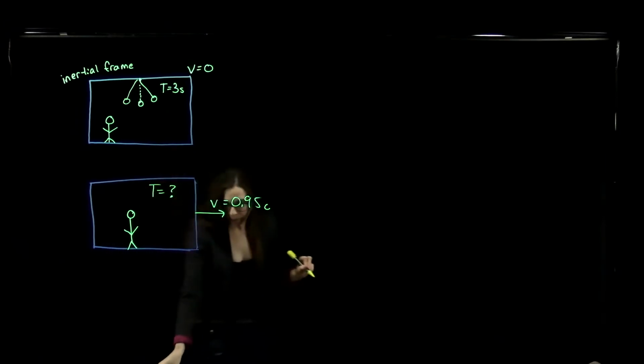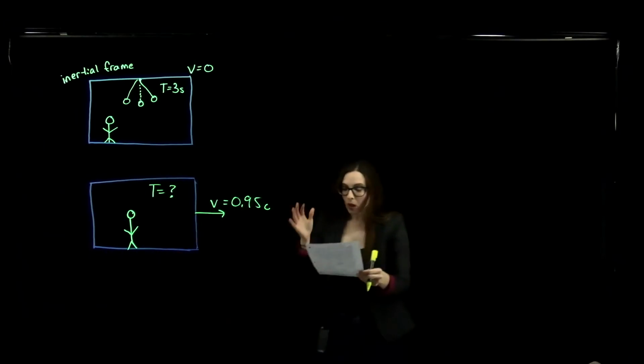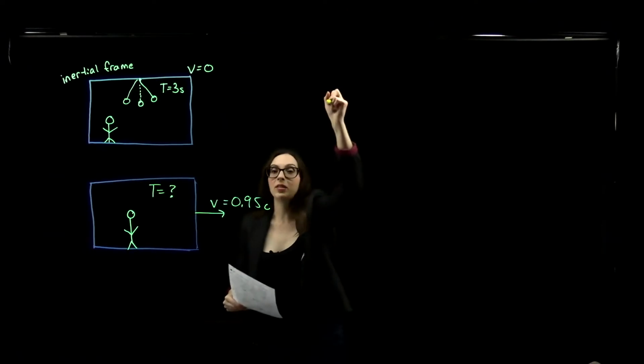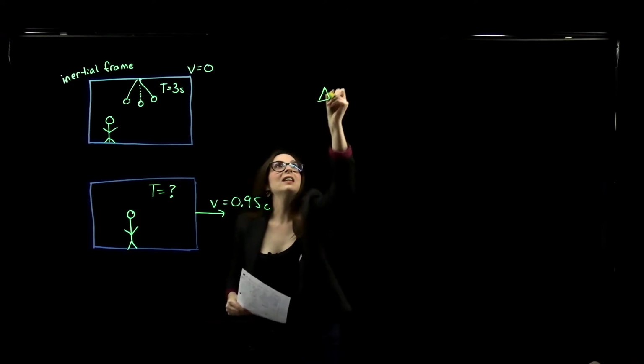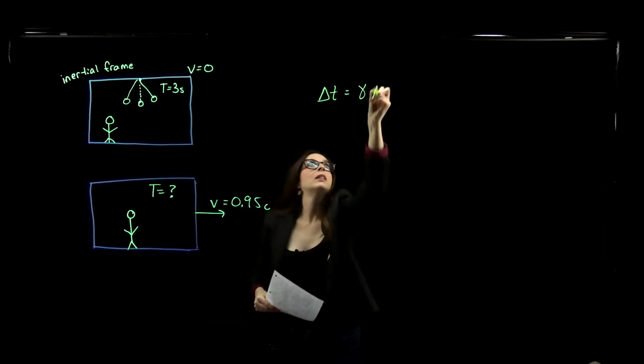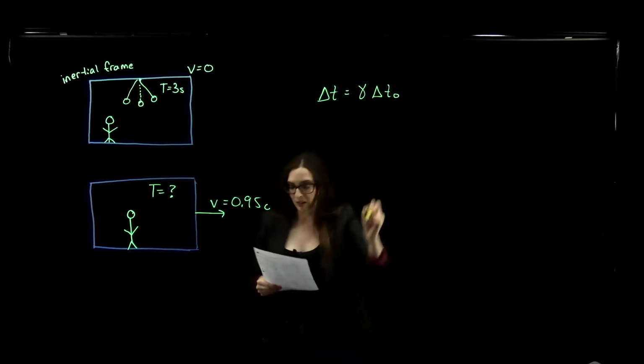Our equation for time dilation is very simple. Delta t is equal to gamma times delta t naught.